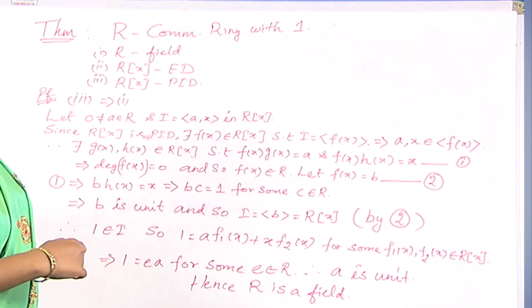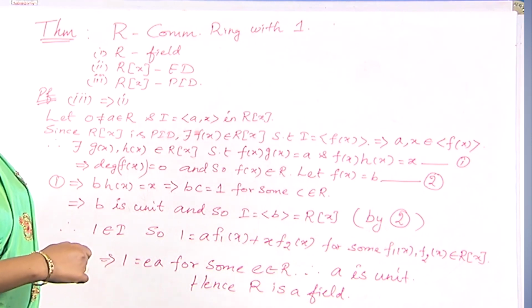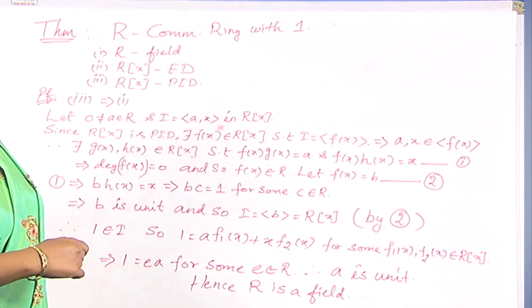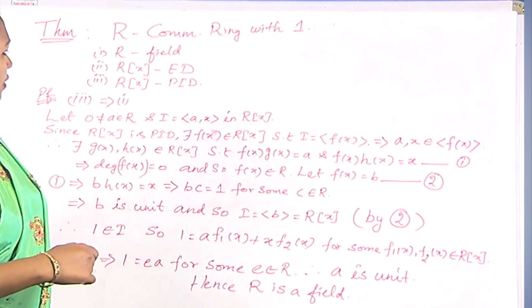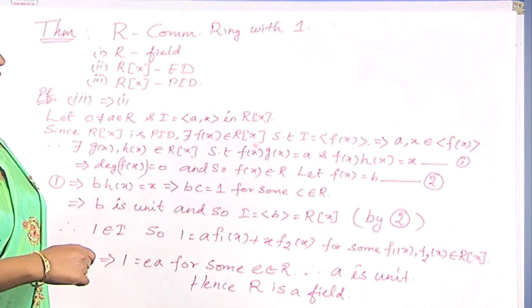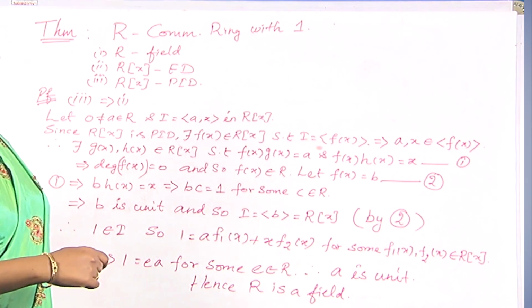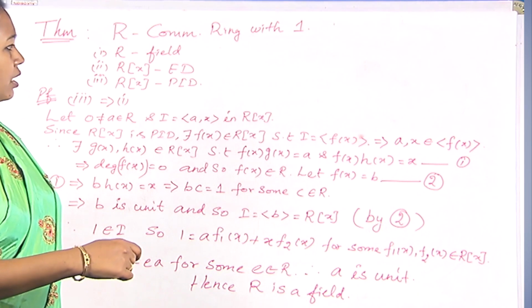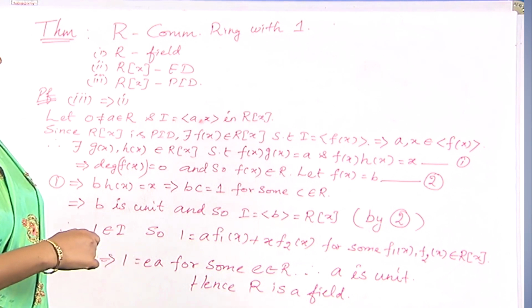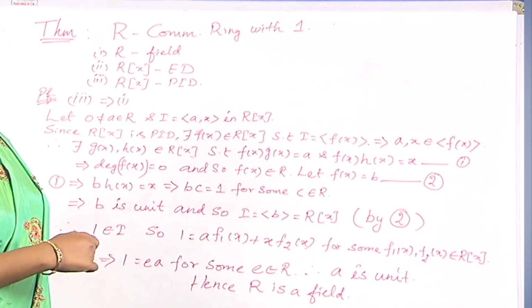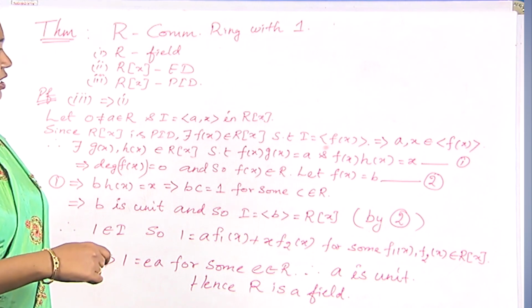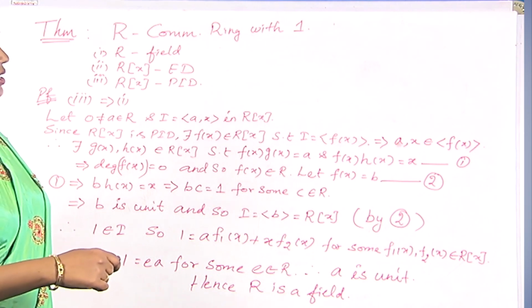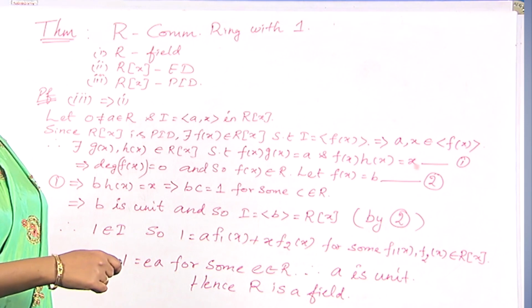Now, since R[x] is a principal ideal domain, every ideal is generated by a single element, and therefore, you can find an f(x) in R[x] such that I is equal to the ideal generated by f(x). But we have already taken I to be the ideal generated by a comma x, and therefore, this ideal generated by f(x) will contain both the elements a and x.